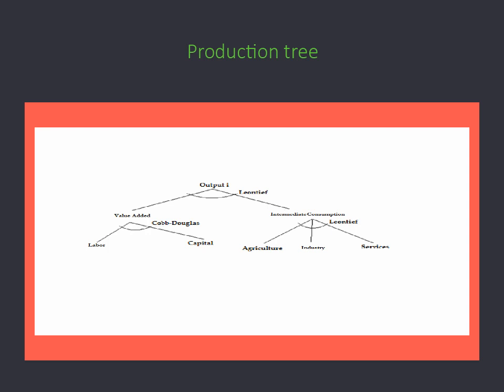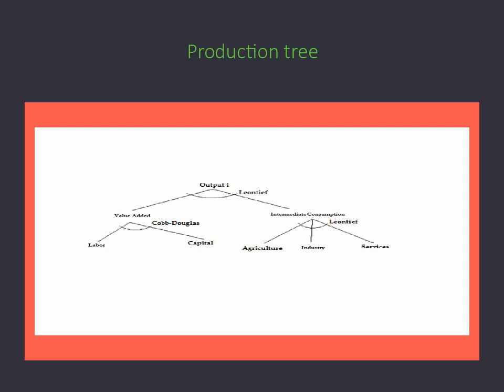We also need to make assumptions about the substitutability or the complementarity between these inputs. I assume here that there is a Leontief technical relation at the first level of the tree. So there is a proportional relation in volume terms between the level of output and the value added in volume, and also between this level of output and the total intermediate consumption.